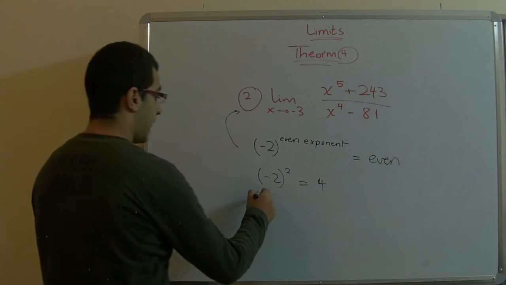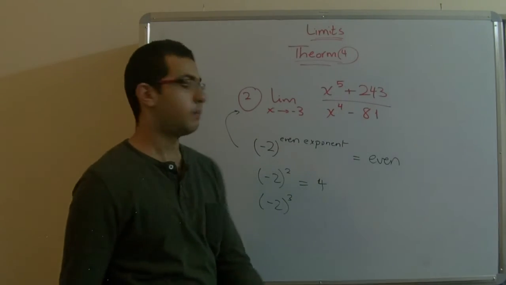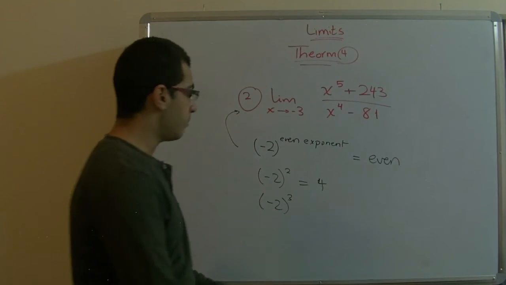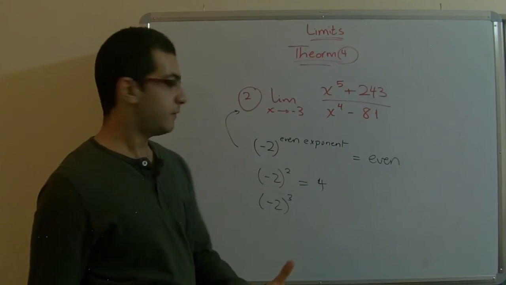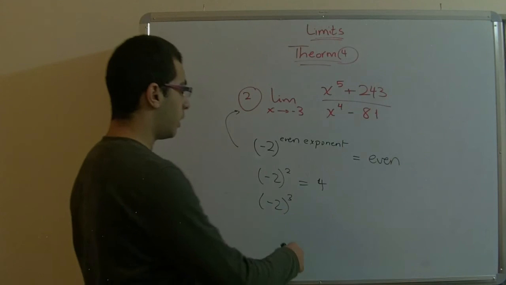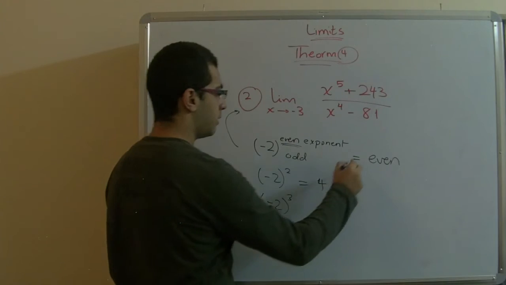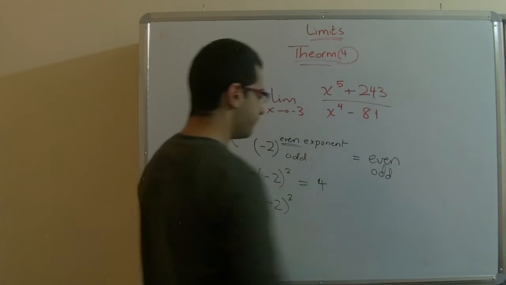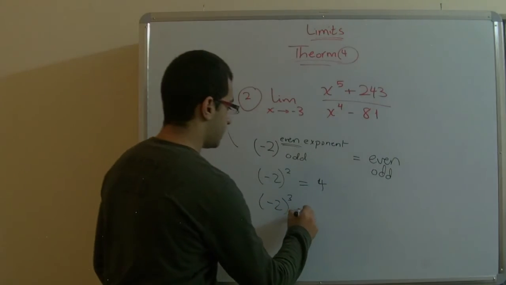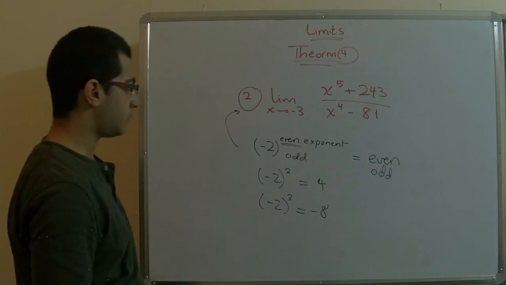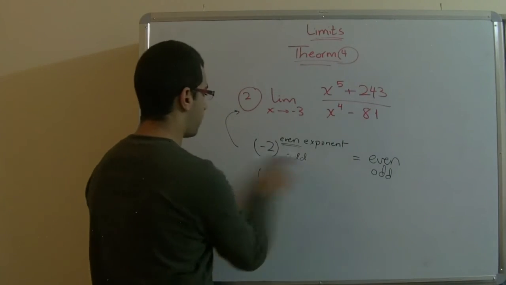But if we have negative 2 to the power 3, we have negative 2 multiplied by negative 2 and by another negative 2, so a negative is left. When this is an odd exponent, the value will be negative. So negative 2 to the power 3 gives us negative 8.